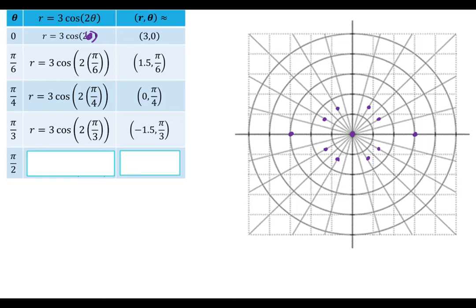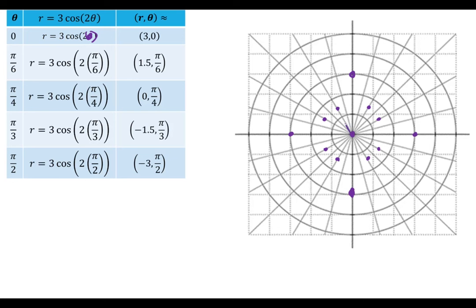Okay. Then let's plug in pi-halves. If I plug in pi-halves, I'm going to get negative 3, pi-halves. So negative 3, and then pi-halves rotation is this point, and then I get the mirror point over here. Now let's sketch what we get.